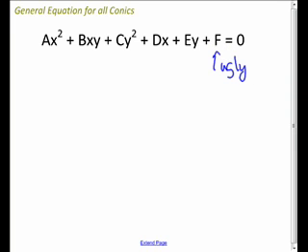Maybe a y-intercept at best, but it doesn't give me information about where they cross the axes or what a high point or a low point or anything else is. Notice that any of these variables, A, B, C, D, E, or F, could be 0. In the case of a parabola, either C or A is equal to 0. So we only want one squared term. The other term we don't want squared.